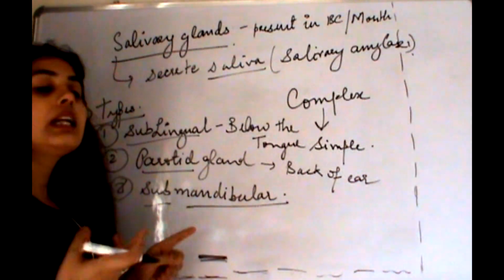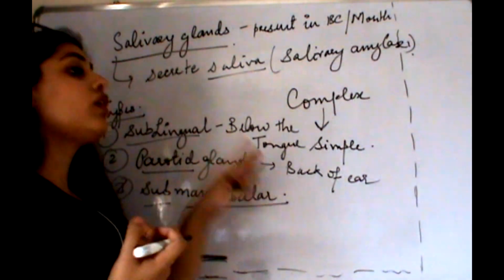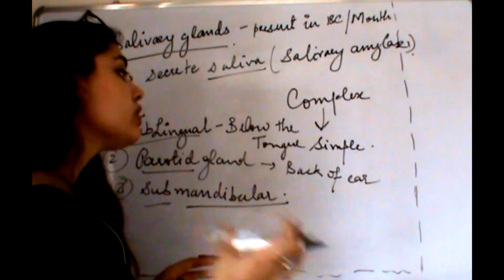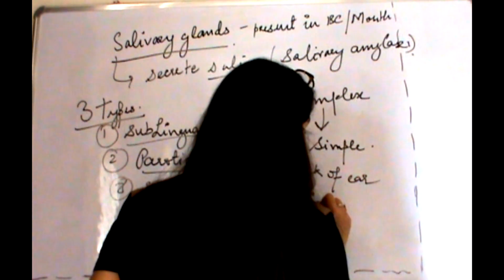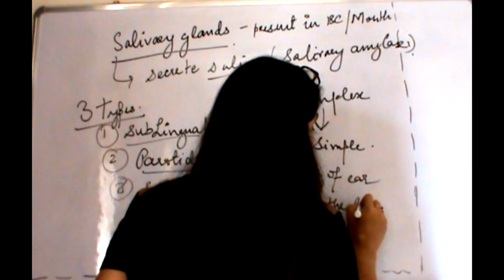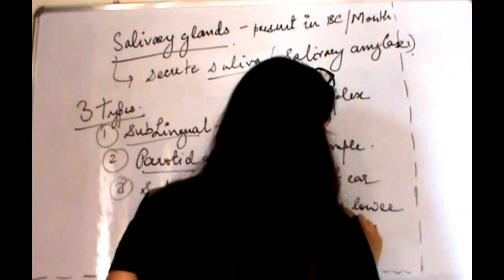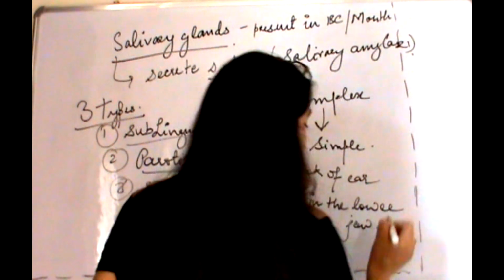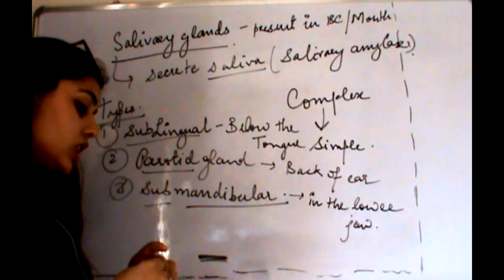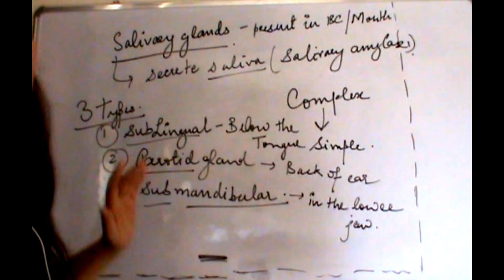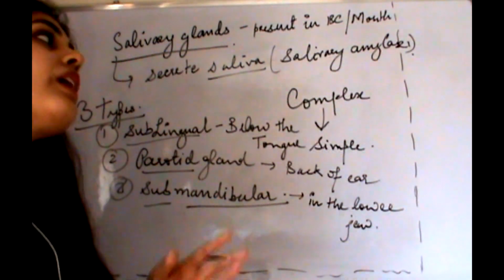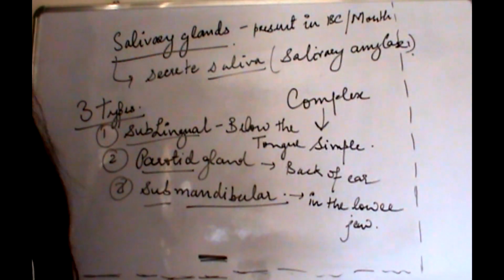So the salivary gland named submandibular is present somewhere near the lower jaw. Got it? So this is the major division of the salivary glands on the basis of their location, and they are mainly of the 3 types, right?